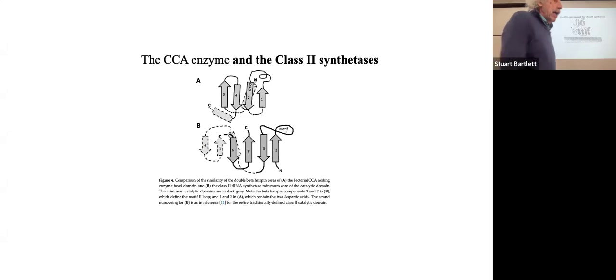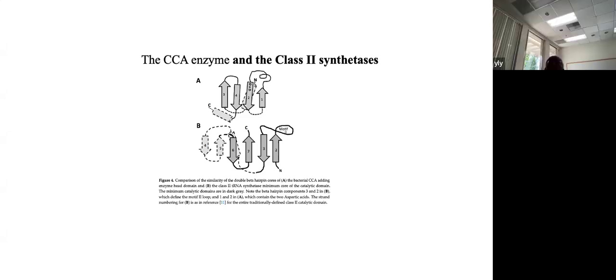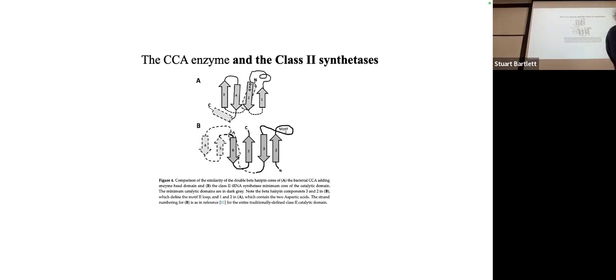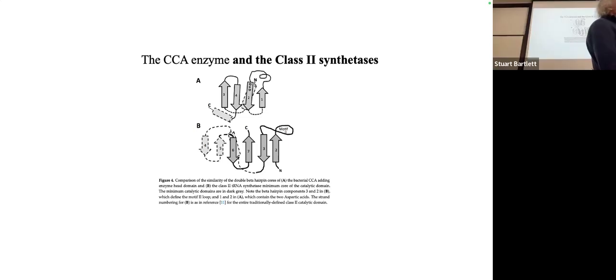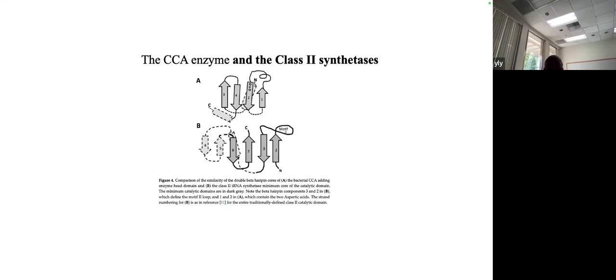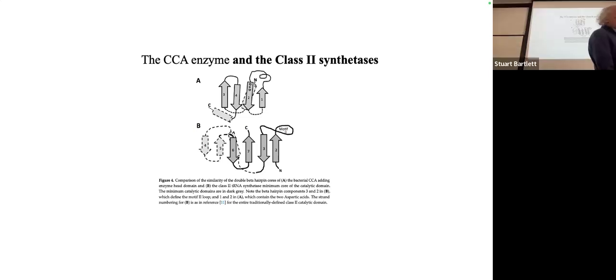So the CCA enzyme is a rather interesting enzyme. And it is something that is probably involved in the origin and evolution of the tRNA, because it seems to have started with a CCA and an adenosine site.